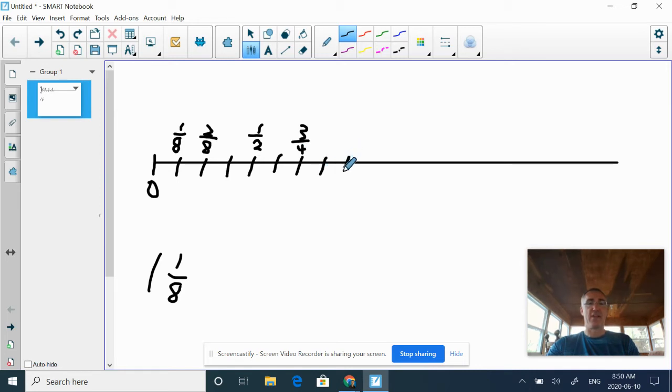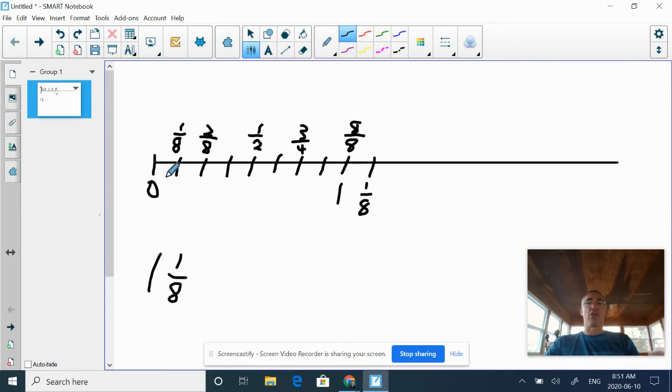And then finally, there is my 1 or 8/8. So it did say between 0 and 1 1/8 though. So I have to go one more spot, and I'm just going to put my 1/8 down there for now.